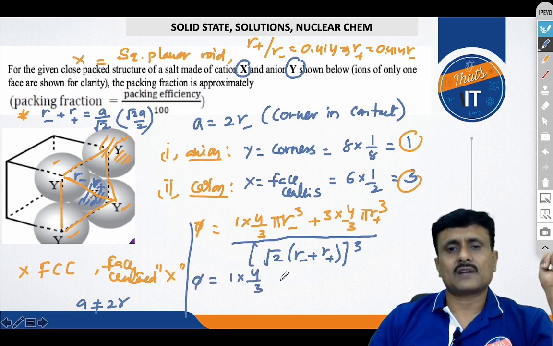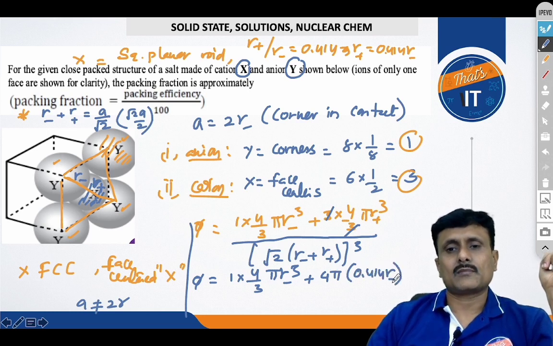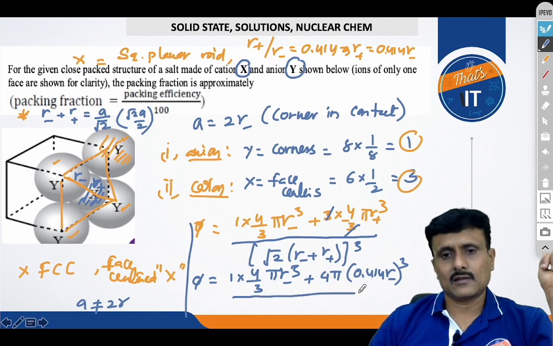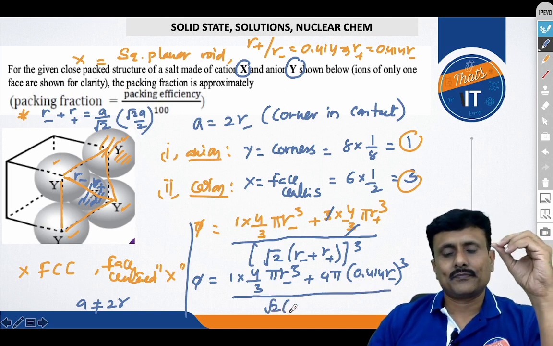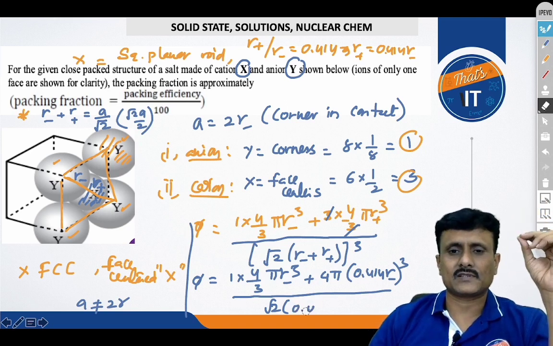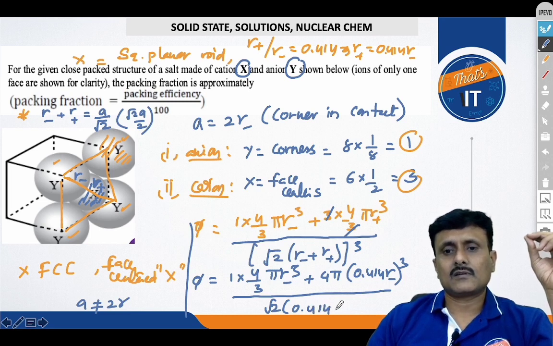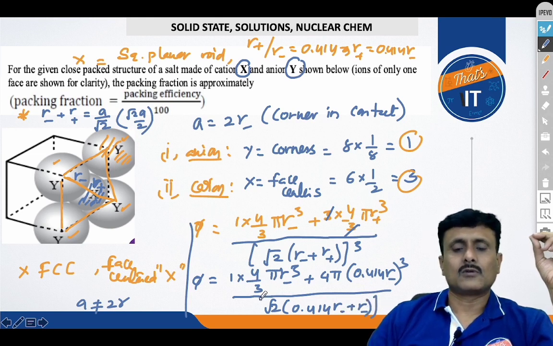I am going to substitute R plus in terms of R minus. The 4 by 3 pi and 3 got cancelled, with R plus as 0.414 R minus whole cube, upon root 2 into R minus plus, substituting R plus in terms of R minus, 0.414 R minus plus R minus whole cube.